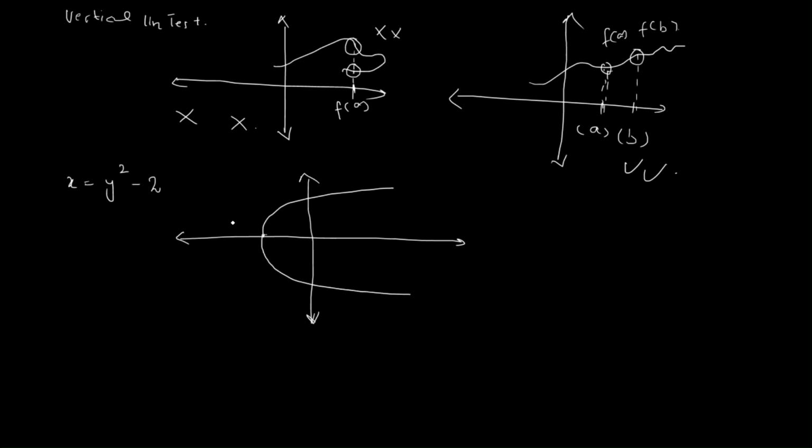This is 0, minus 2 comma 0, and you tell if this is a function or not. Tell in the comment section. I'll check the answers in the next video and explain this graph.